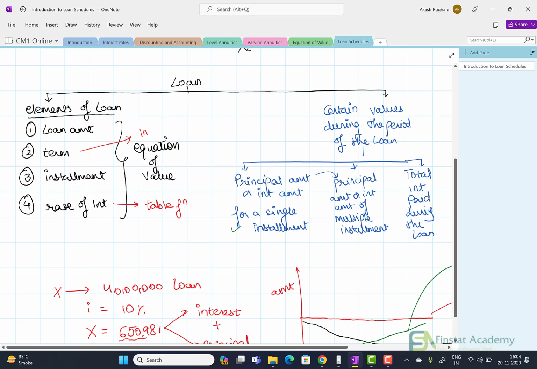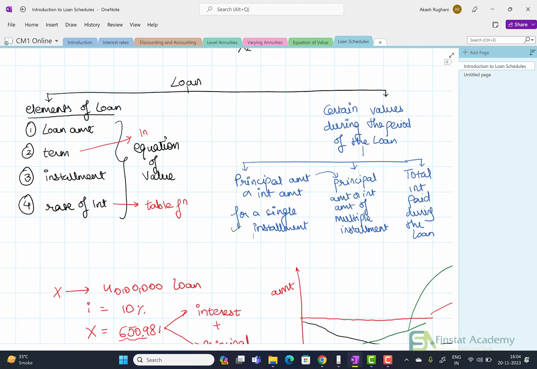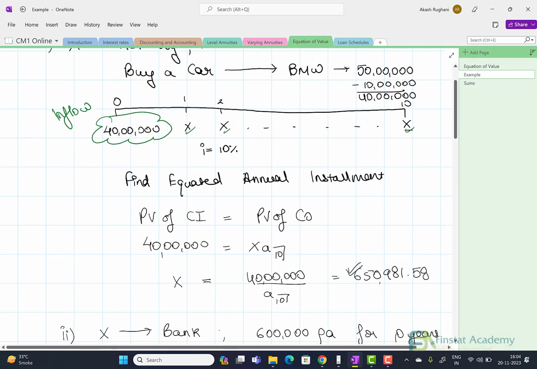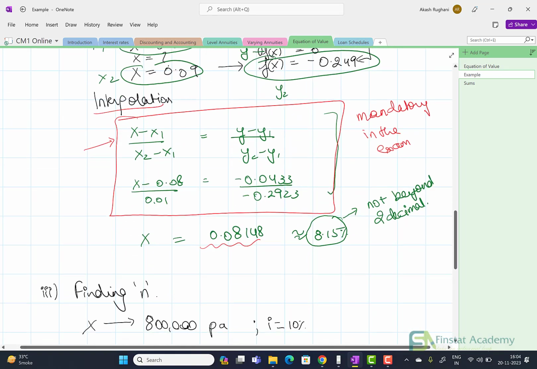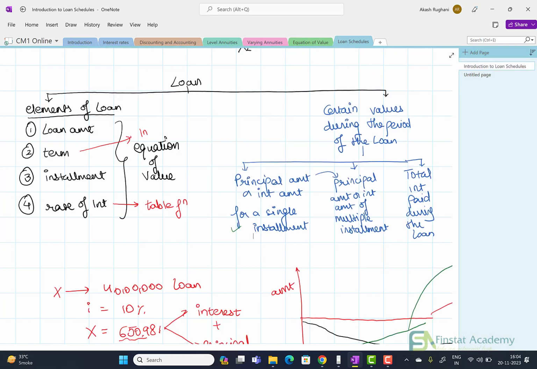Now let's go ahead. We already did all of this, which is loan amount, term, installment, rate of interest, in my equation of value example. In case you want to recap any of this, you can go through that video. It is absolutely the same. I will be focusing in this chapter on the second part, which is the blue part here.